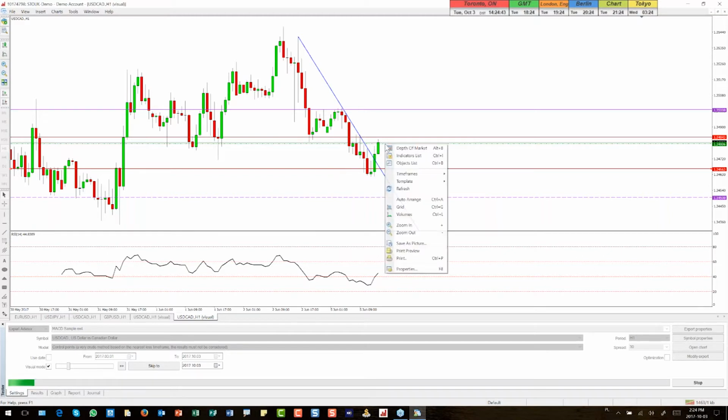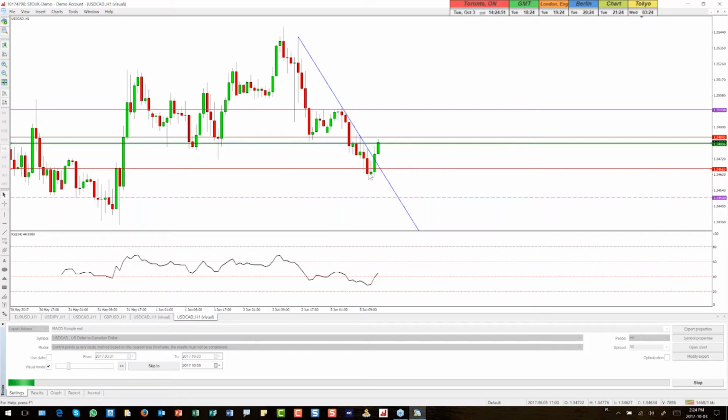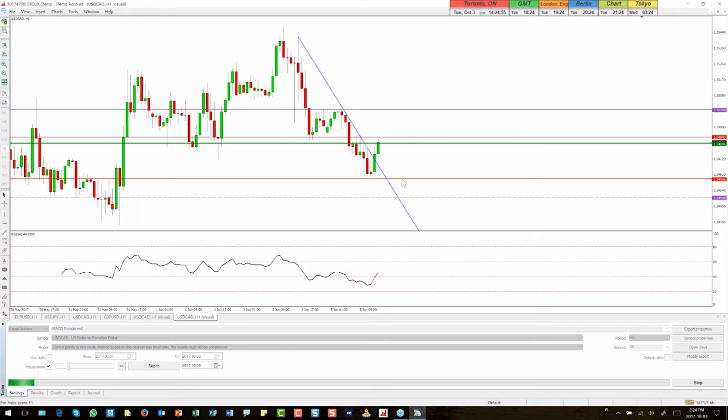So what I do is I'm using horizontal lines to indicate where I'm going to open the position. And of course, I'm going to use different colors to imitate my position. I'm going to use this one. And of course, the stop loss. Okay, I'm going to use solid lines.